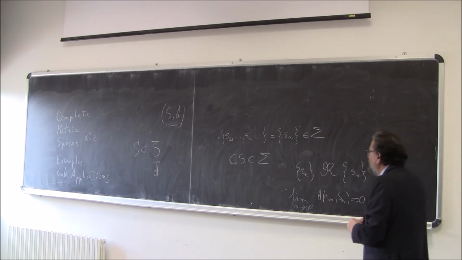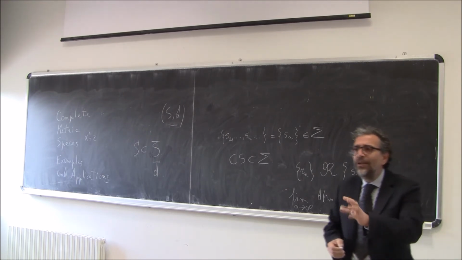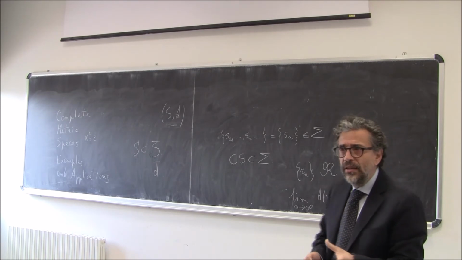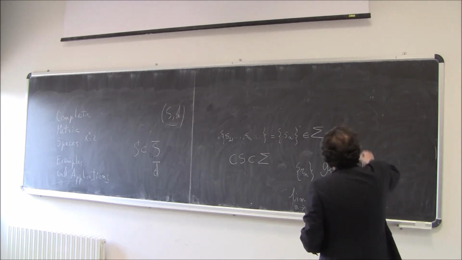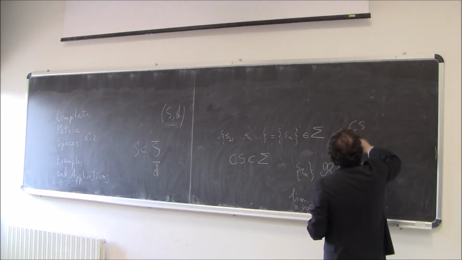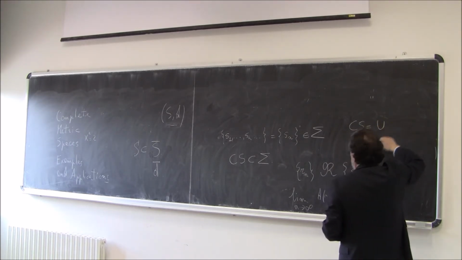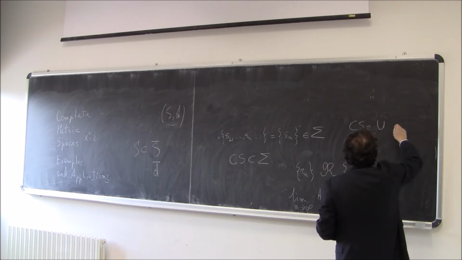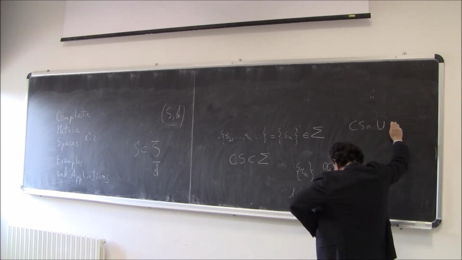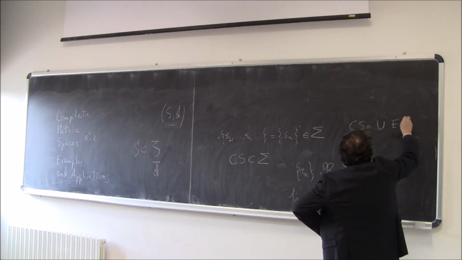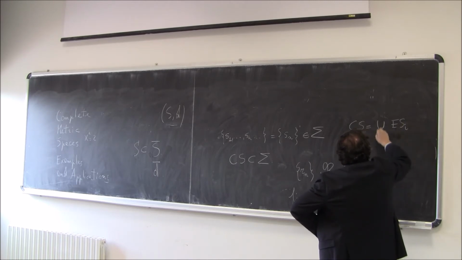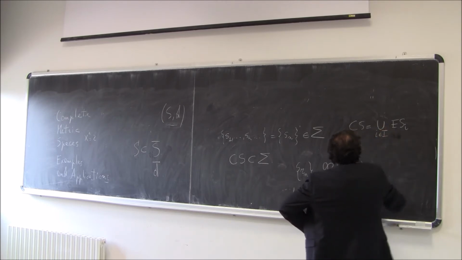So now, I hope you are familiar with the concept of class of equivalence. Okay? CS can be represented as the union of the equivalent sequences. I is a set of indices.